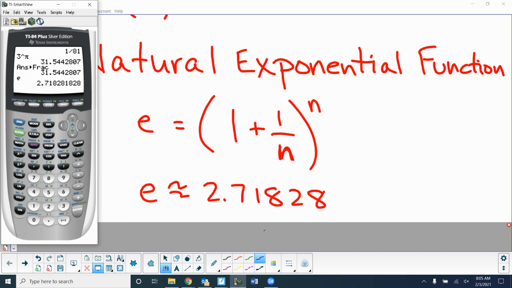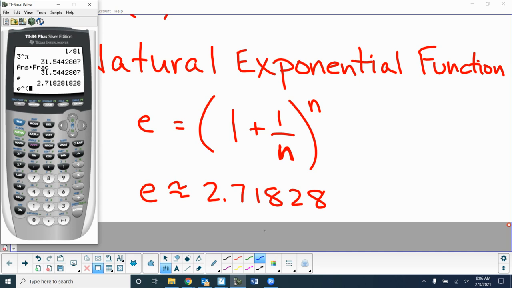Also, if you hit second LN here, a lot of times we use E in a formula, okay? And that's how you're going to use it today. They're going to give you a formula with E in it, okay? So if you hit second LN down here, it's for natural log. We're going to start talking about logarithms in the next section.